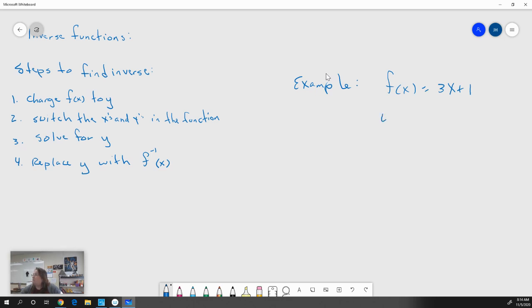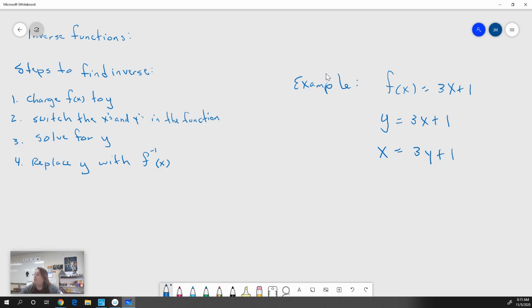So I'm going to write this as y equals 3x plus 1. Step two, switch my x's and y's. If I have a y, make it an x. If I have an x, make it a y. So here I'm going to have x equals 3y plus 1.